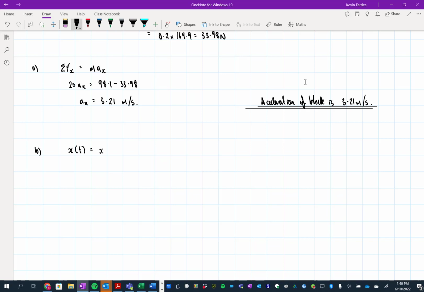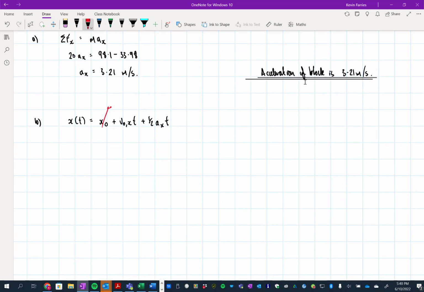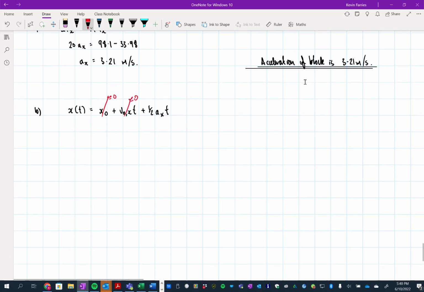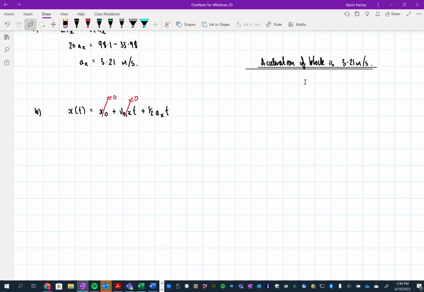So x at time t is going to be x naught plus v naught x times t plus a half ax times t squared. These first two are both equal to 0 because it started from rest, and we're assuming the starting position is 0 displacement. So that is going to be equal to half times 3.21 times t squared.